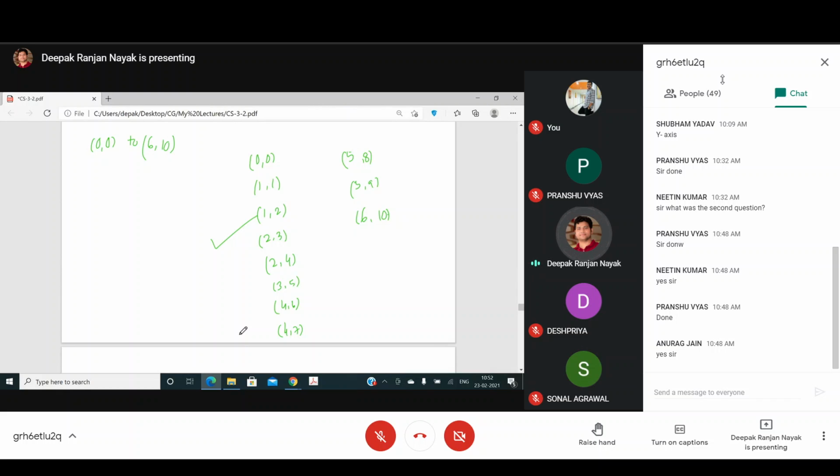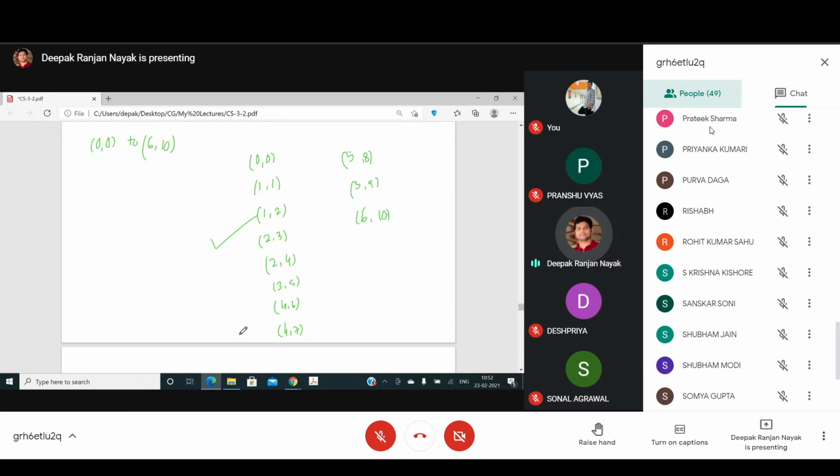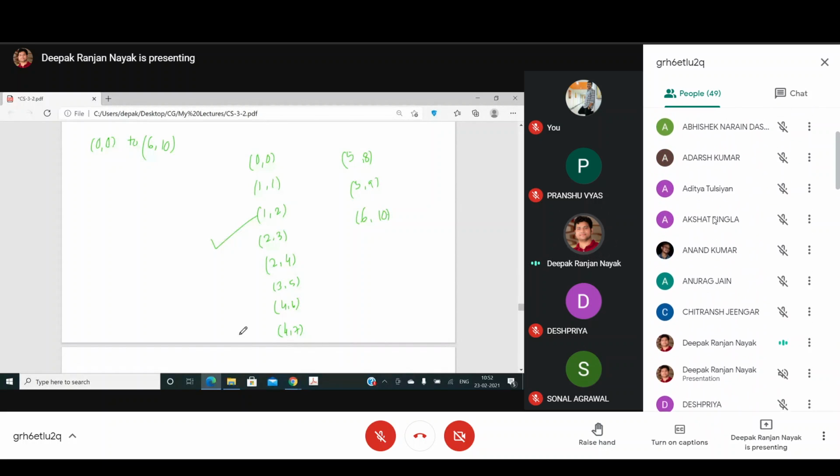If you draw these lines on the raster screen, there will be some staircase effect, and we call it jagging, right? That will always be there. But this algorithm tries to reduce the jagging compared to others. It only uses integer calculations, so it is also called a fast incremental algorithm and an effective algorithm for line drawing, right?